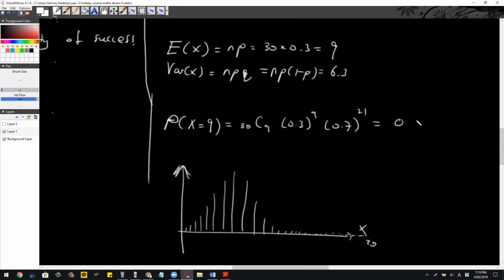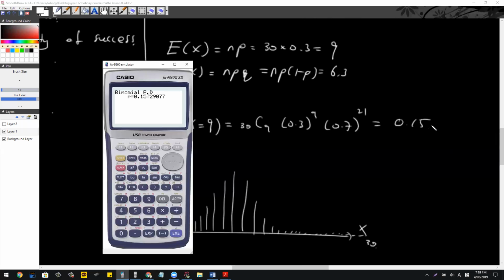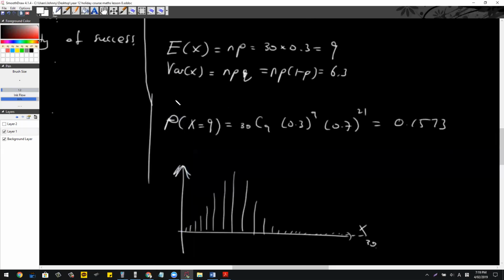So this is 0.1573. I can calculate 8 and 10 too. That is 30C8, 0.3. If you don't have this calculator function, then you have to type all of this manually.